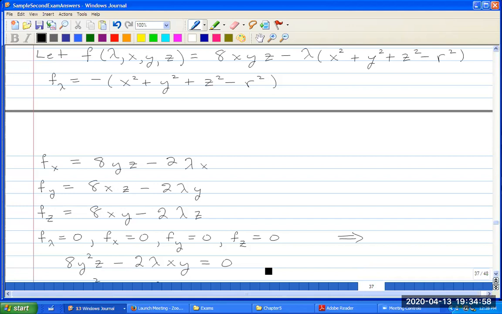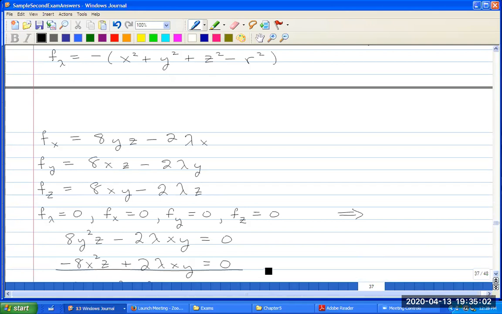If I take this, set equal to 0, multiply by y, I get 8y squared z minus 2 lambda xy is 0.